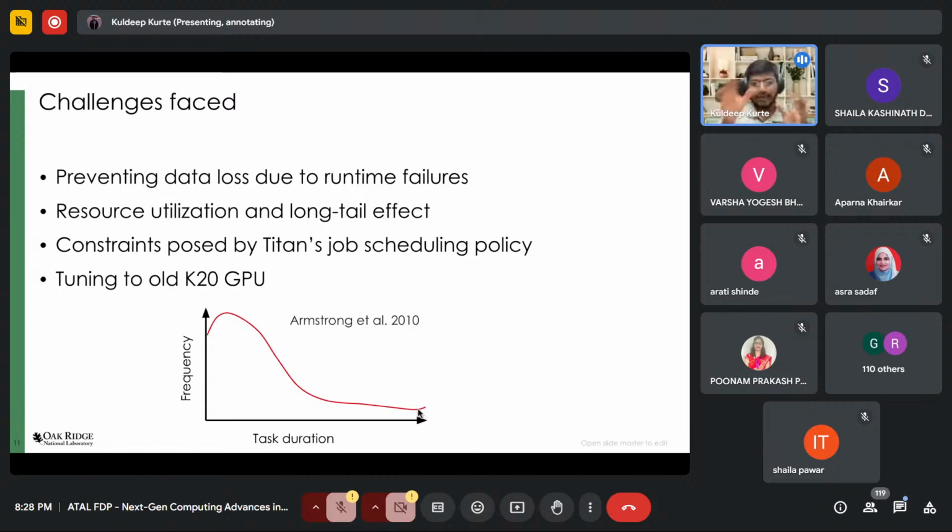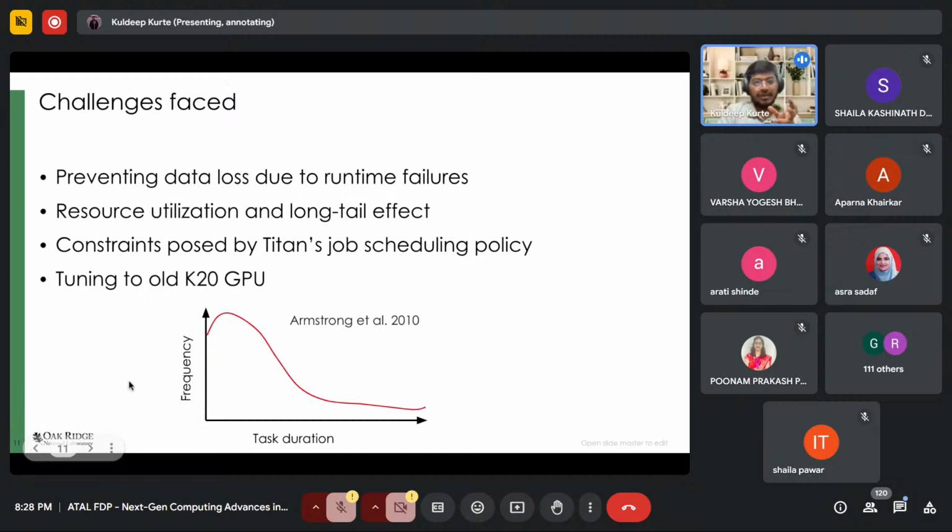As an effect, we will get this long tail kind of graph if you plot the task duration versus the total number of processes that finished during that task duration, if you plot the histogram.